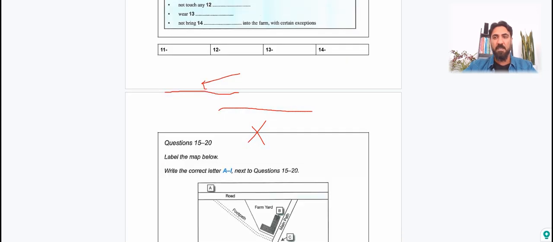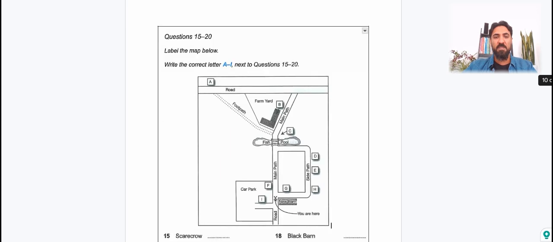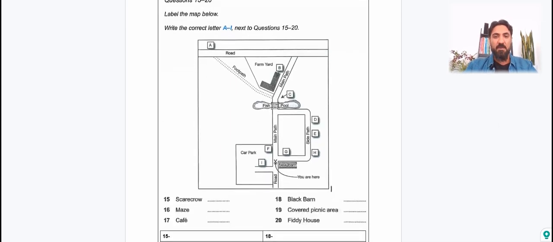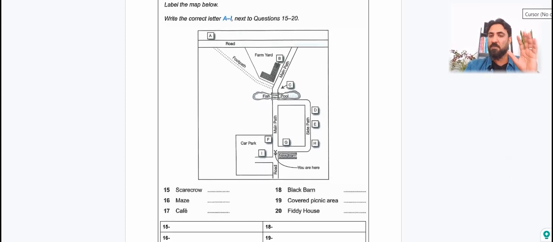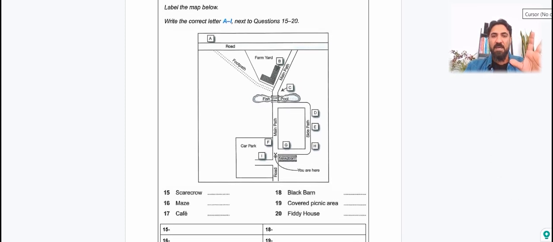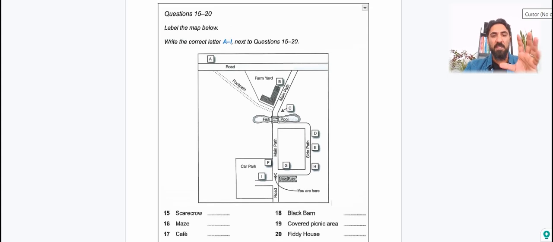All right. Going on, you can see another type of question, which is questions 15 to 20. In this section, you will complete the different parts of a map. Now, this is a tricky question for some students, but with practice, you can do great in this exam. And I will explain more during the practice in the classes about this type of test.